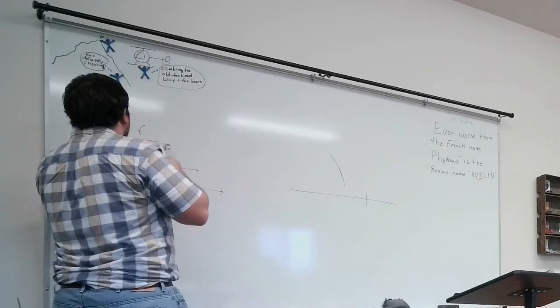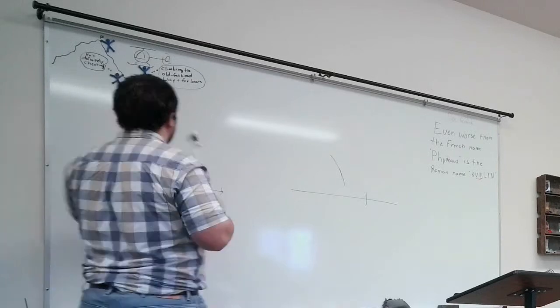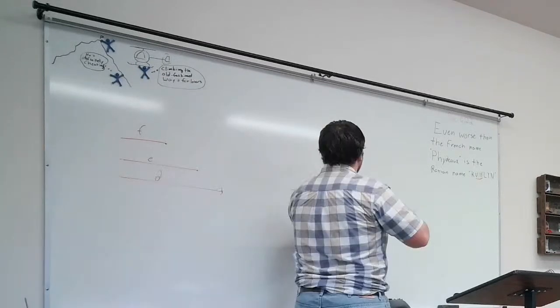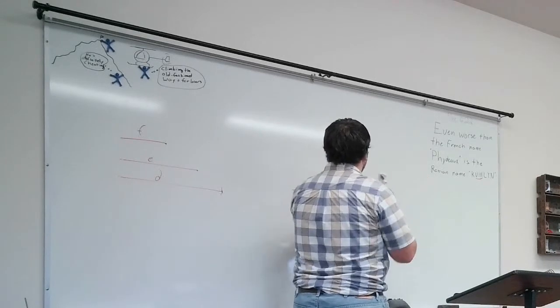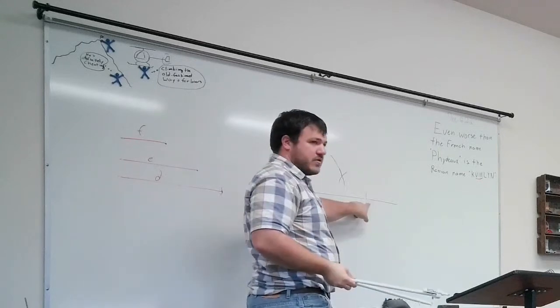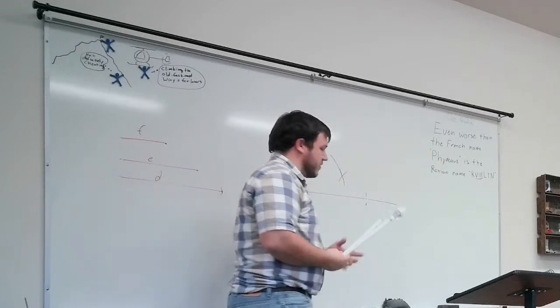You measure the last line. Go to here. These lines have to intersect, so you go from the opposite side of your line. Now you measure from this side to here, and you measure from this side to here.